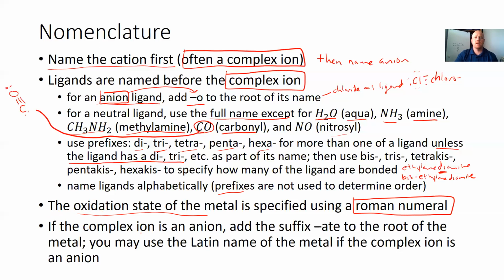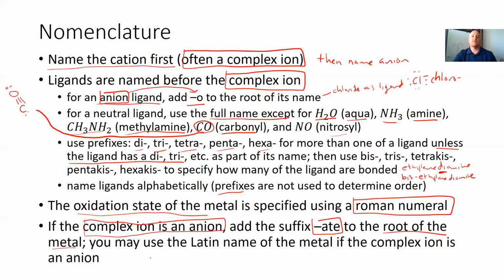The other thing is, though, if the complex ion is an anion, that's a big key. That's a little different. Most of the complex ions, because they are cations already, will tend to be cations. But if the complex ion is an anion, for example, you have a potassium ion as the cation, you'd be potassium, and then you would name the anion. The anion in that case could be a complex ion. In that case, you're going to add the suffix ate to the root of the metal.